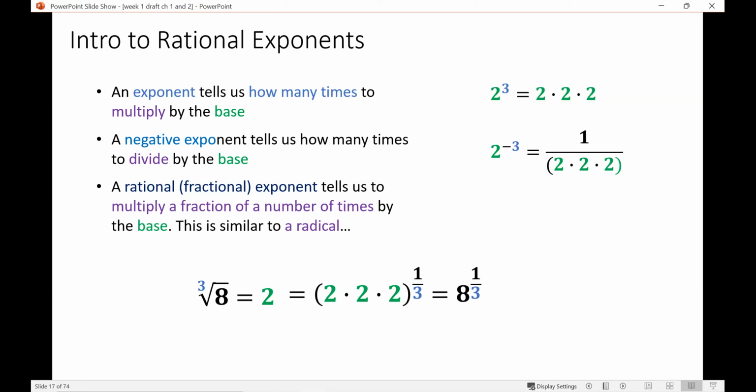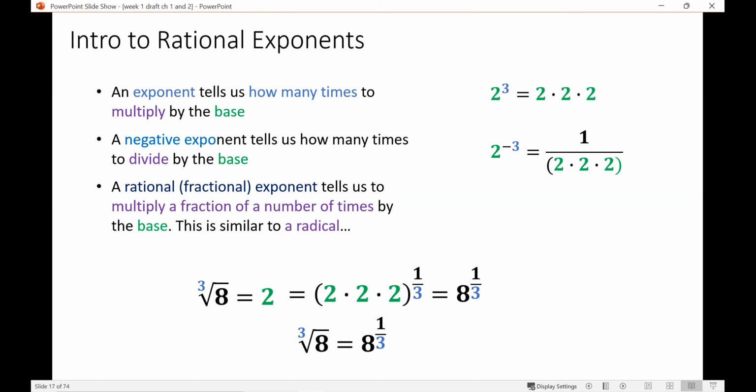Okay, well, since 8 is composed of 3 factors of 2, 1/3 of those factors is going to be just a single factor of 2. So the cube root of 8 and 8 to the 1/3 power is the same thing.